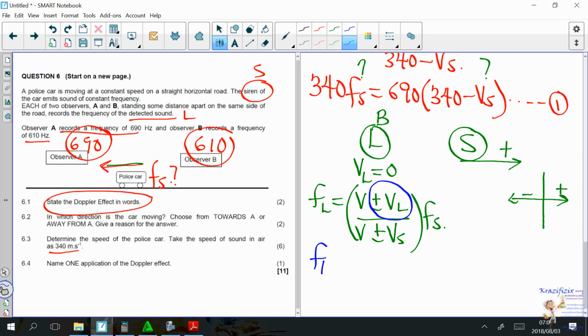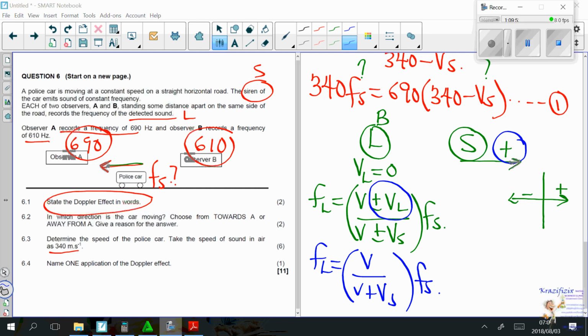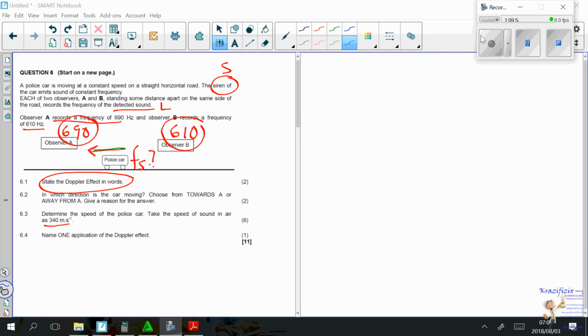So FL is V over V, and the sign here is positive, VS, and everything multiplied by FS. We can now deal with our substitution. Okay, I hope you wrote that down. 610.